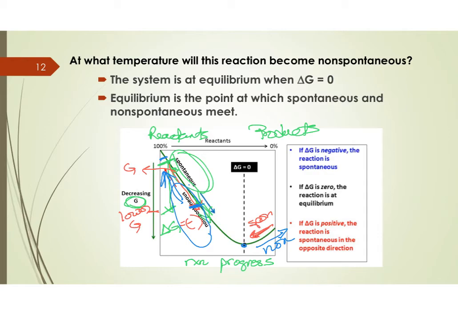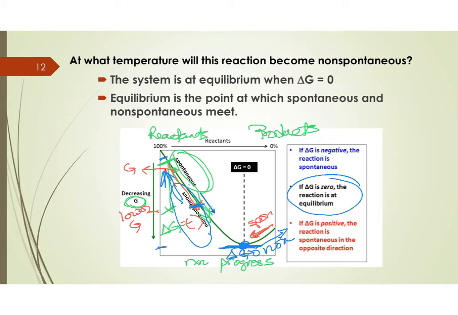What's going on here, right at the bottom of the hill? All right, so this is an important thing to get again. If you are at the bottom of the hill for free energy, that means the change in free energy is zero. Delta G is zero, okay? And because you're at a flat line, right? So delta G is going to stay the same here.